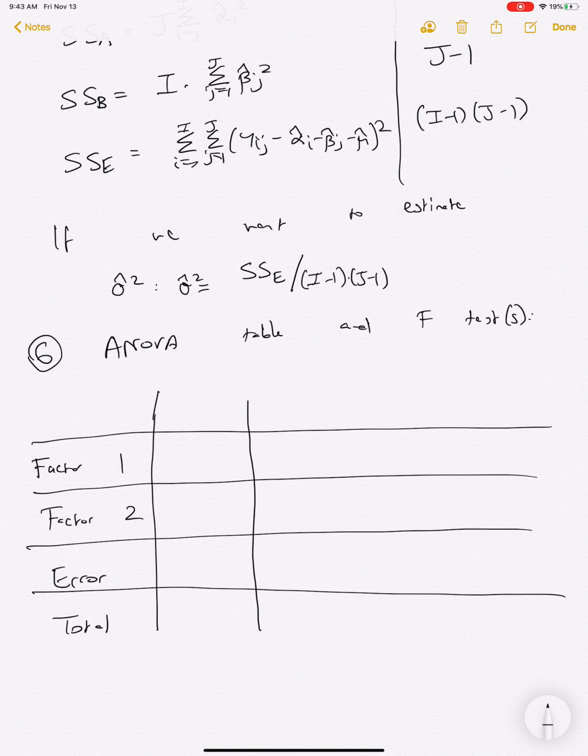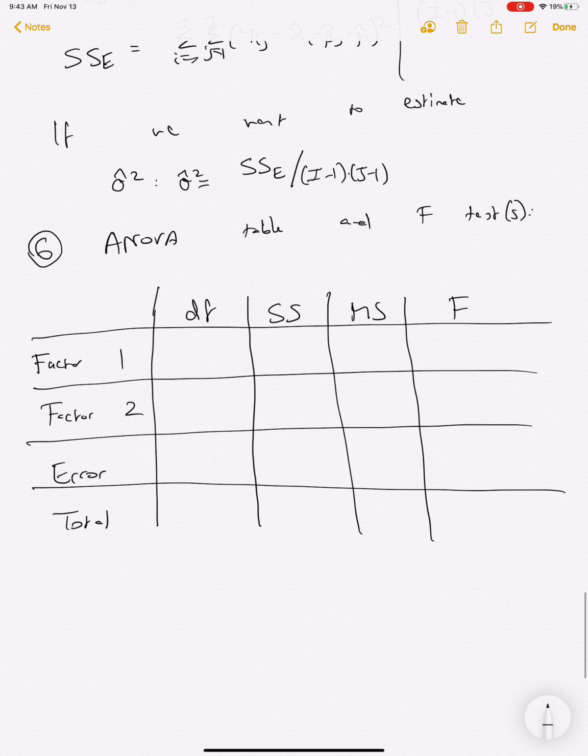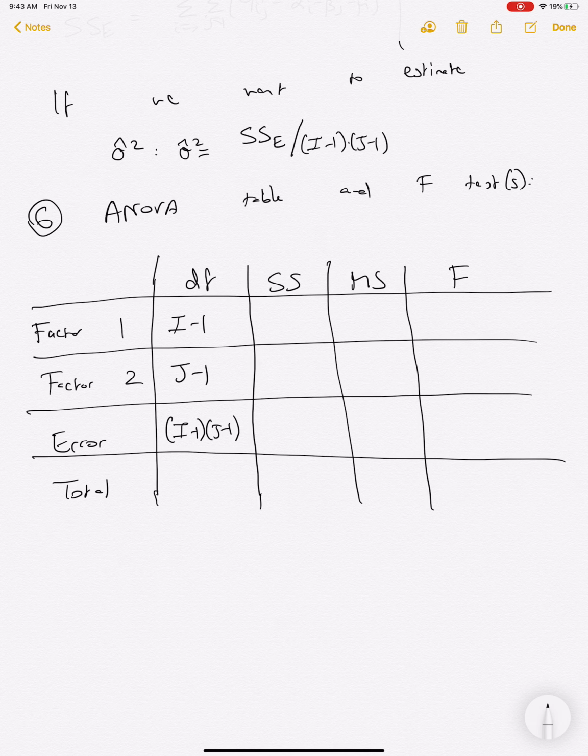So if we look at the degrees of freedom, once again we have degrees of freedom, sum of squares, mean squared, and then the F. Here, as I mentioned, we have I minus 1 degrees of freedom for the first factor, J minus 1 for the second factor, (I minus 1)(J minus 1) for the error, and then the total is IJ minus 1.